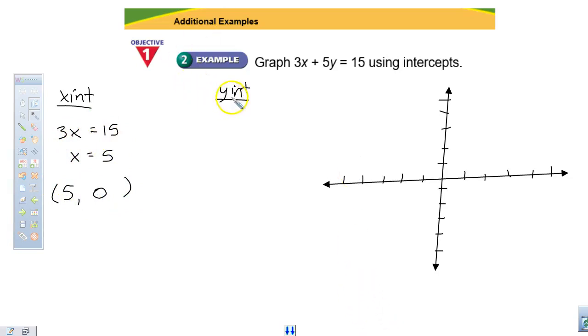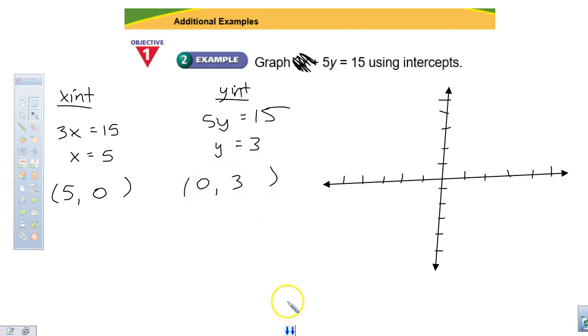For your y-intercept, what do you plug in 0 in for? X. So my x is going to disappear because we're multiplying it by 0. So 5y equals 15. So what's y? Y is 3. What's your ordered pair? 0, 3.